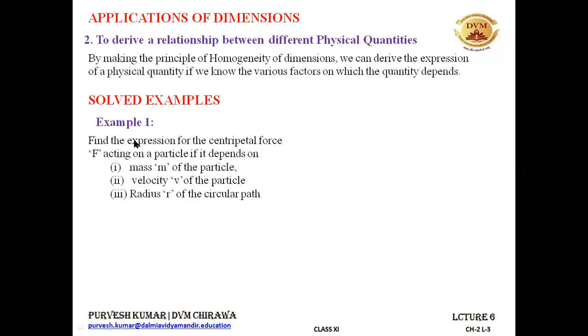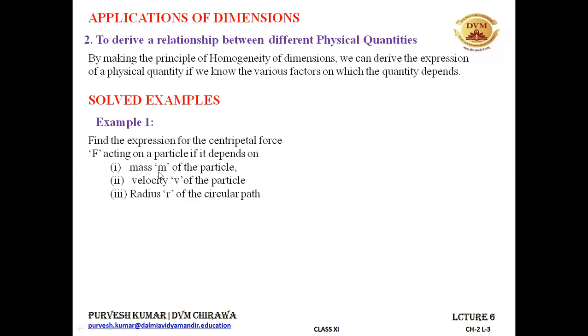That's what our question is, because we know that this quantity, centripetal force, denoted by capital F, depends on 3 factors. And what are these factors? One is mass m of the particle, second velocity v of the particle, and third radius r of the path. All right. So let's try to solve it. Actually, we know only that this force is proportional to m.